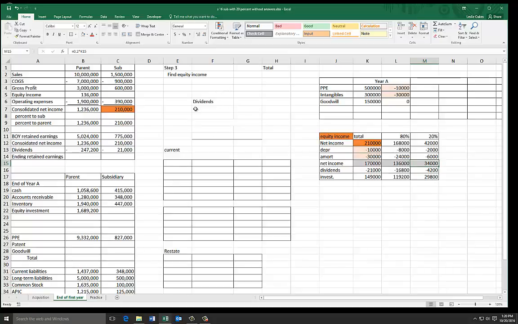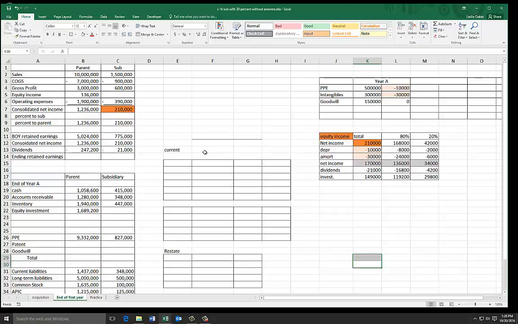So we need to make the entries. We could go ahead and calculate how we got this equity investment amount, but I'm not going to do that. Hopefully you would do that. We're just going to go ahead and make the entries that we need to make to do the consolidation.